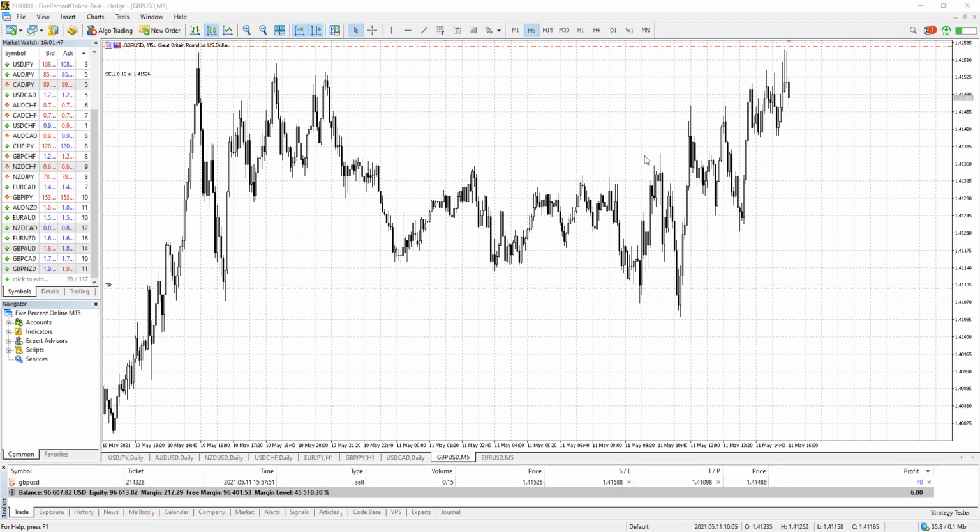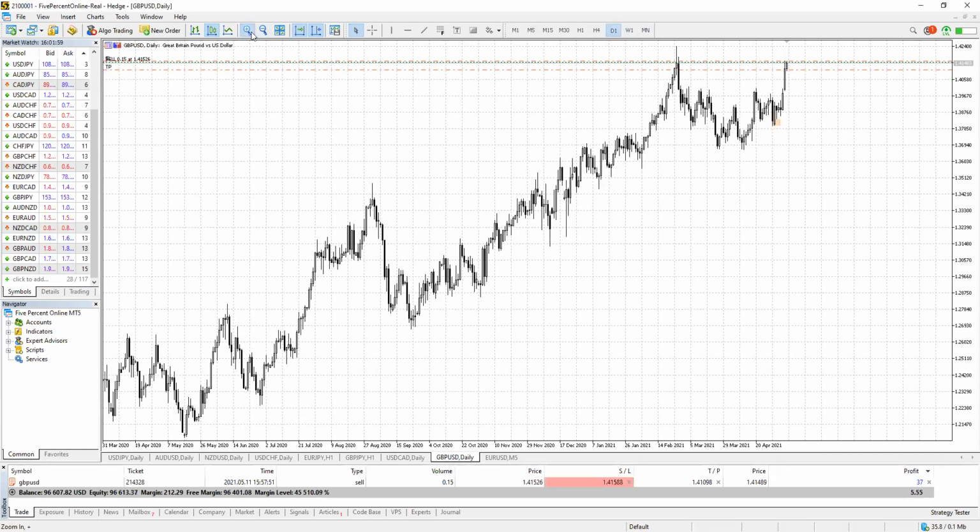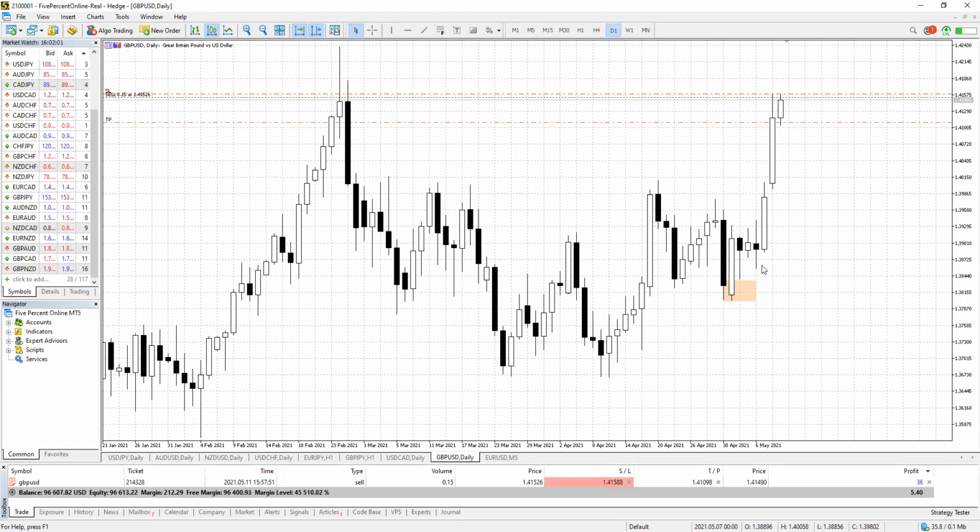So let me tell you what I'm looking at. I'm looking at the pound dollar here on the 5-minute chart. If we go to the dailies, we are clearly on a very big uptrend, and we are right now testing these areas right there.